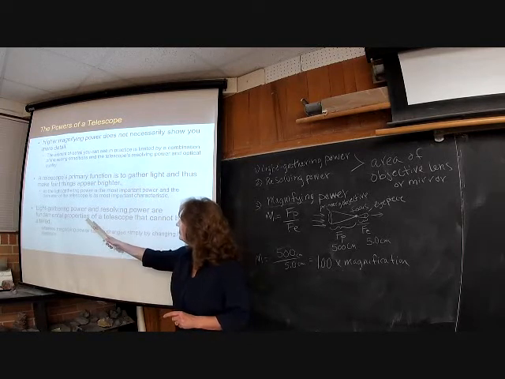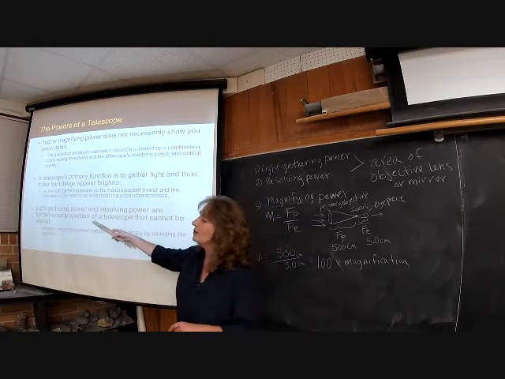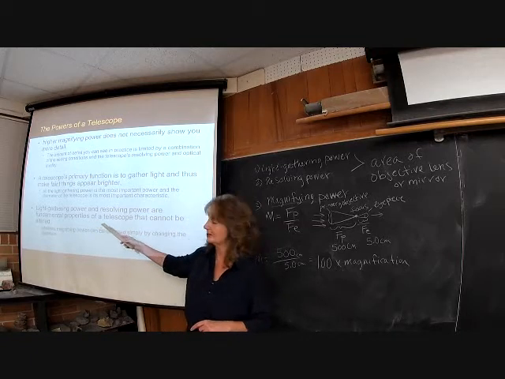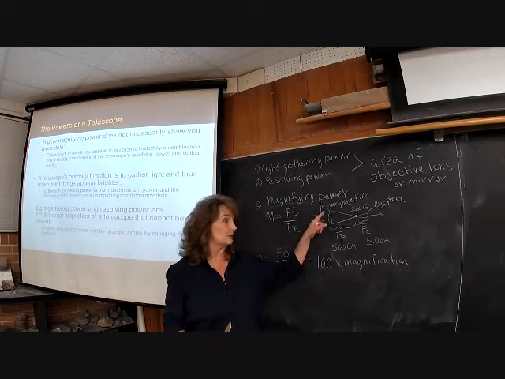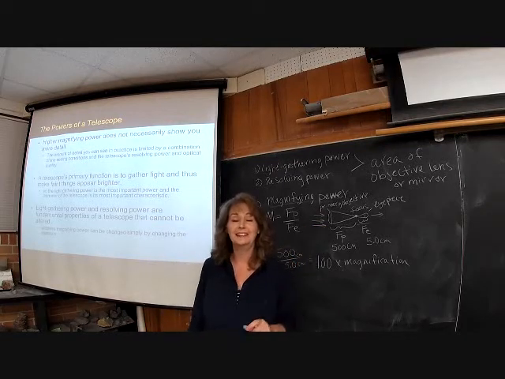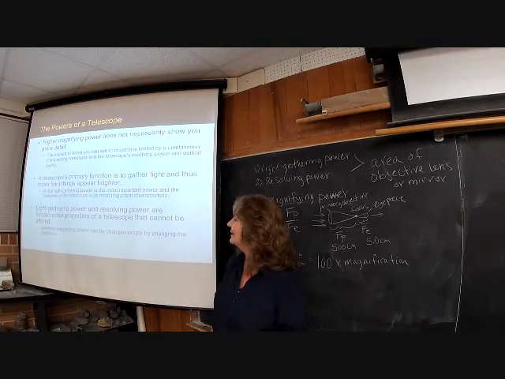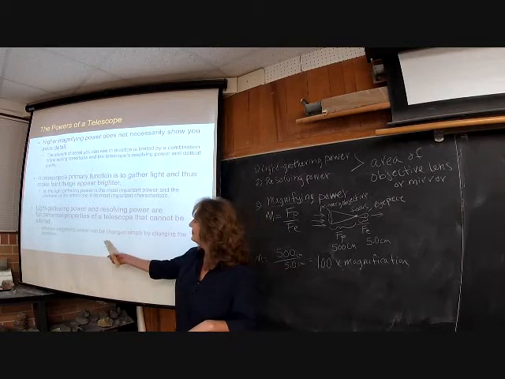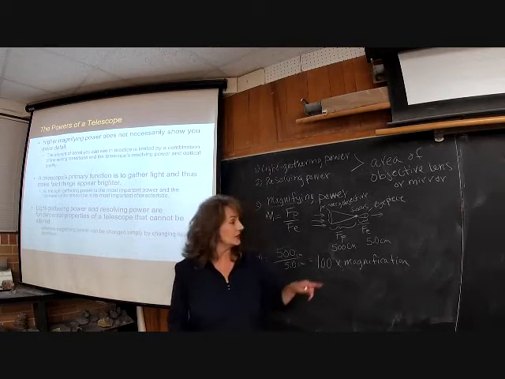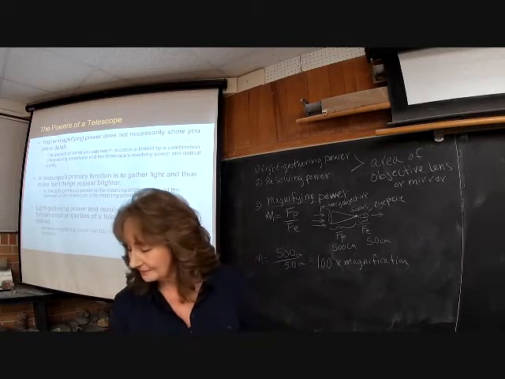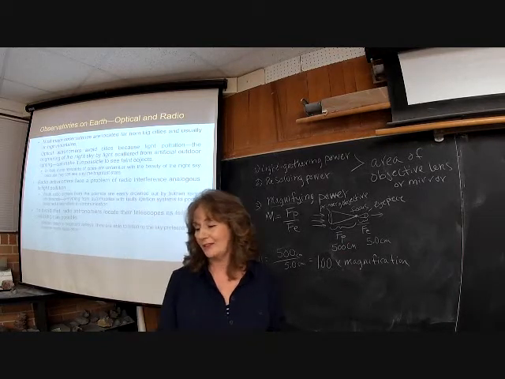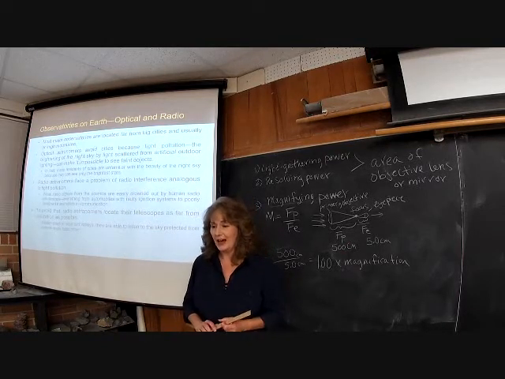So the light gathering power and the resolving power are fundamental properties of your telescope, and they can't be altered because that was however much money you had to spend to get the largest area you could possibly get. But the magnifying power can be changed simply by changing out the little eyepiece in there. Okay. So those were the powers of the telescopes.